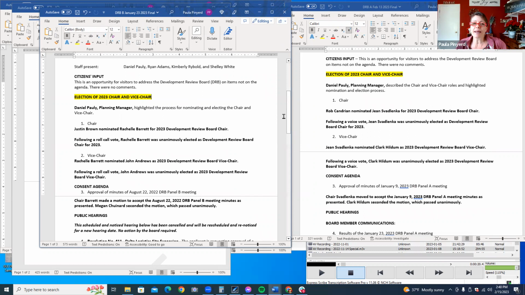But I was going to just point out a little bit of a difference, and it's not something that usually happens. As this agenda item comes on, usually the city attorney, assistant city attorney, in this case, the planning manager, goes through and describes the role of the chair, the vice chair, what their jobs and responsibilities are, and then they'll also just highlight the process.